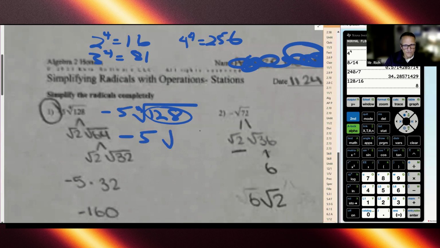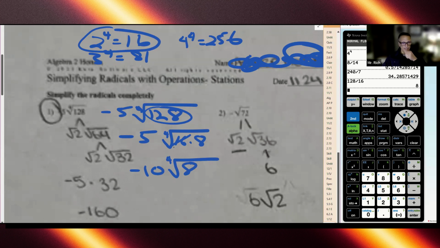It's -5 times the fourth root of 16 times 8. Well, the fourth root of 16 is 2, because I know that 2 to the 4th is 16. So the 16 comes out as a 2 and gets multiplied by that -5, leaving behind the fourth root of 8. And that's as far as we can go right there.